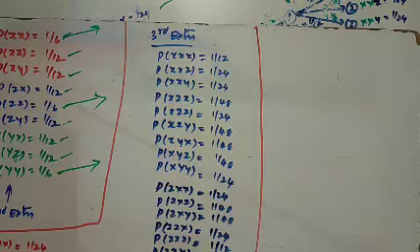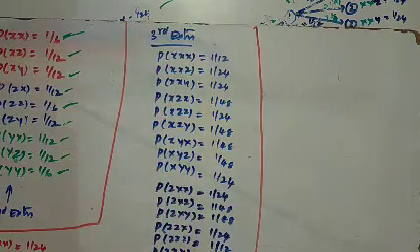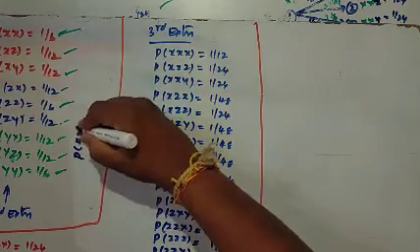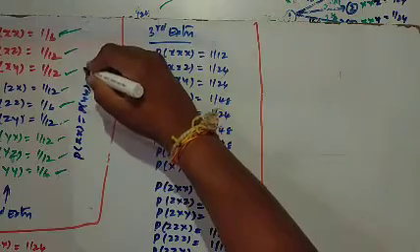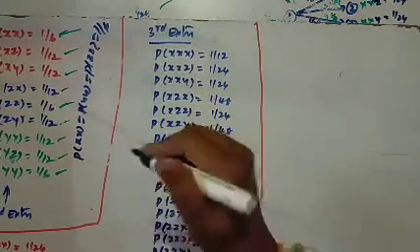For further solution I require the second extension, so I'll write here only. The probability of x, y and z is 1/6. Means 3 I got 1/6.